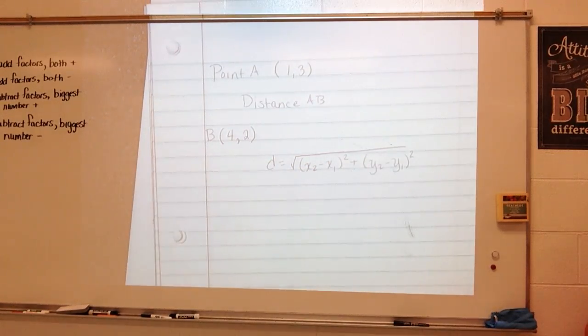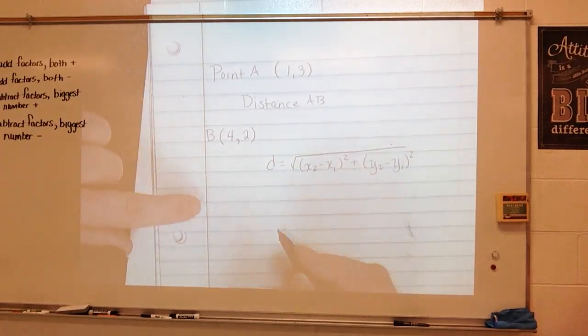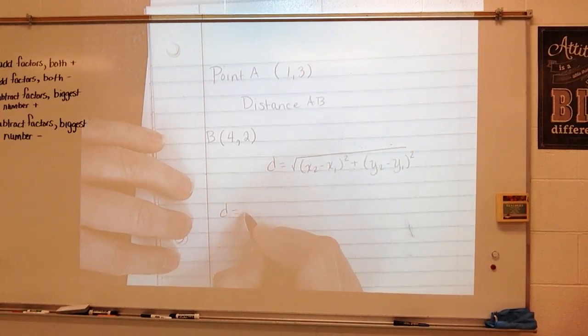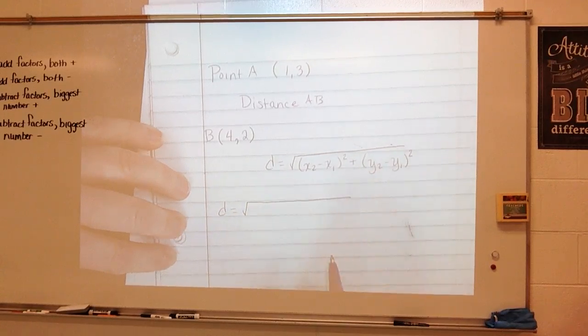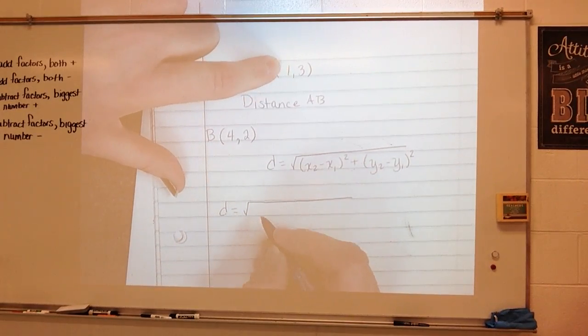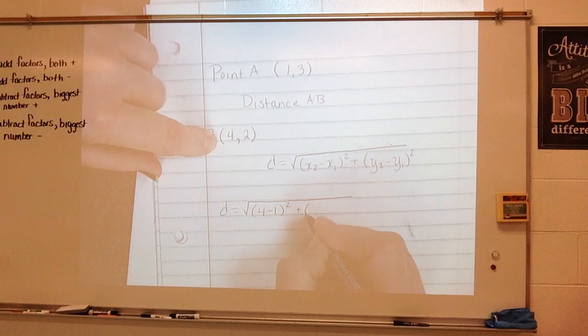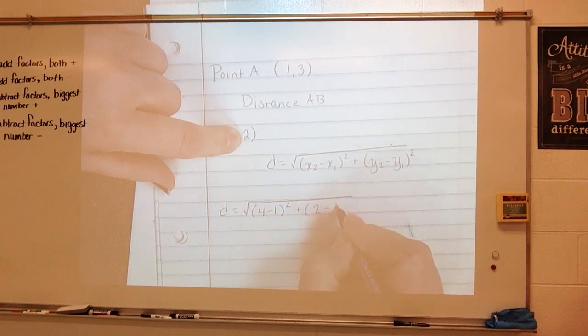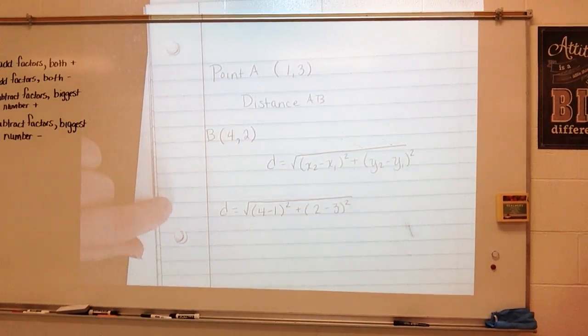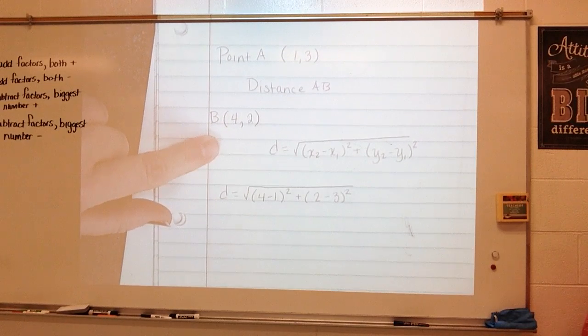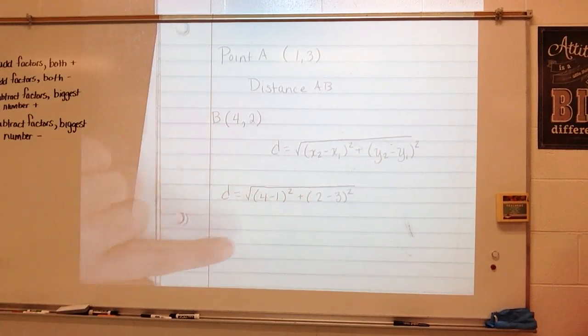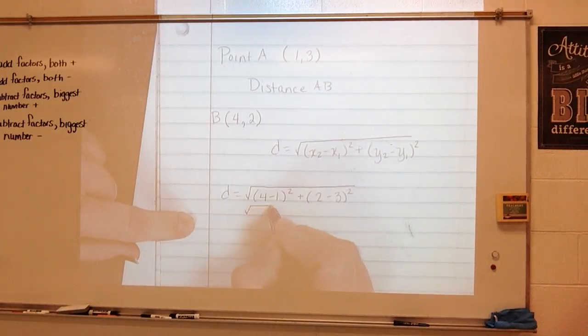So make sure that your starting point is always the same point. So I'm going to do the distance is equal to the square root of, let's start with B, so 4 minus 1 squared plus 2 minus 3 squared. Since I started with point B at my x coordinates, I'm going to start with point B on my y coordinates.